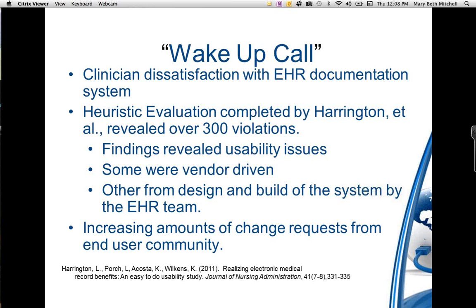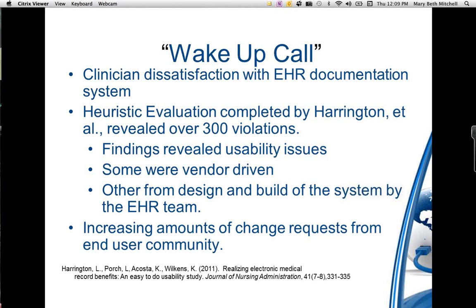One of the things that I will tell you is that we have learned that we had some clinician dissatisfaction with our EHR. We all know, I think, on this call already that this is probably a national trend in particular areas within our EHR. Sometimes that's a functionality limitation. Sometimes that's how we built and designed something, as well as other reasons.